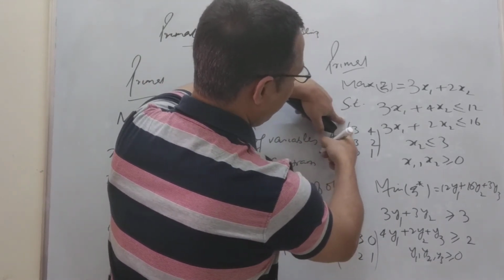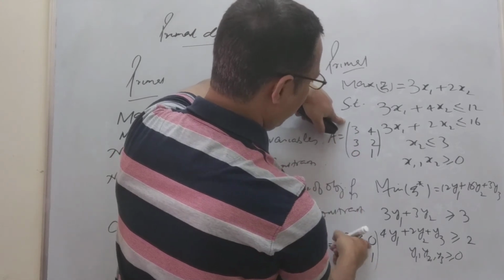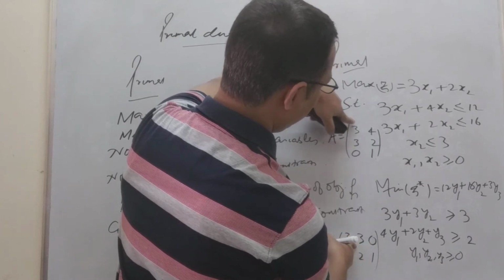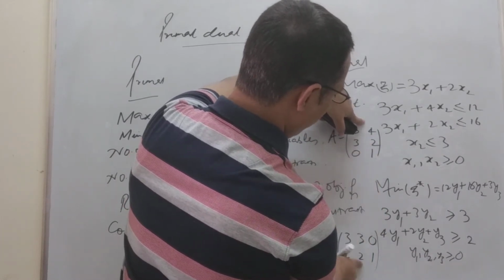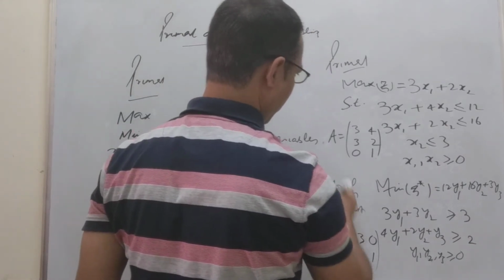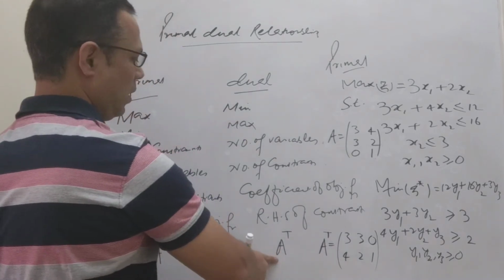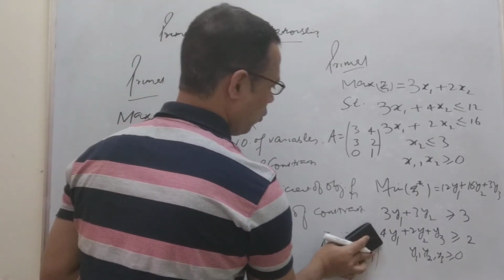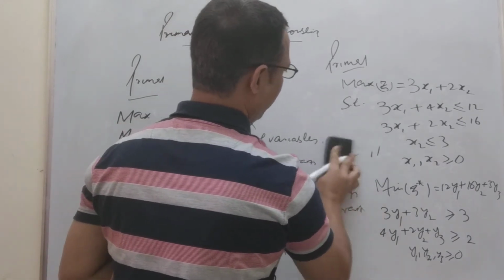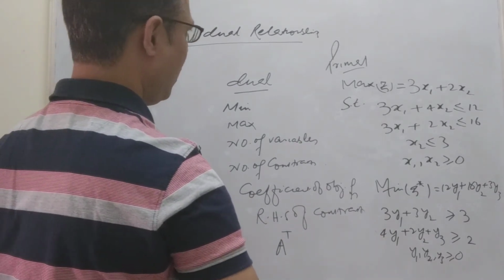In the column, 3 and 3 and 0, so 3, 3 and 0 have shifted into rows. The first column has become the first row. The second column, 4, 2 and 1, has shifted to the second row. It means A gives you A transpose. So A has already changed into A transpose. So now this is the dual form of the given primal question. Now I have changed the primal into the form of dual.